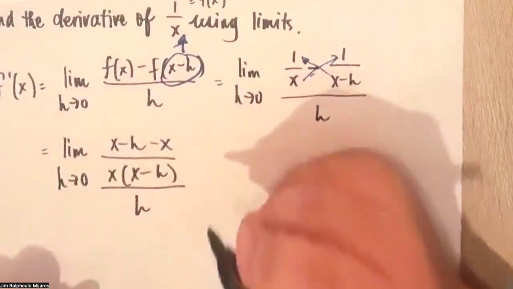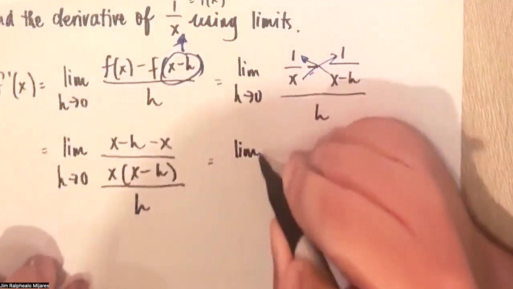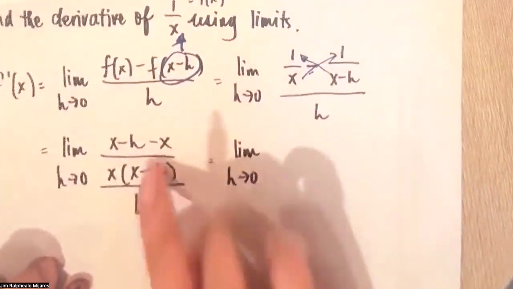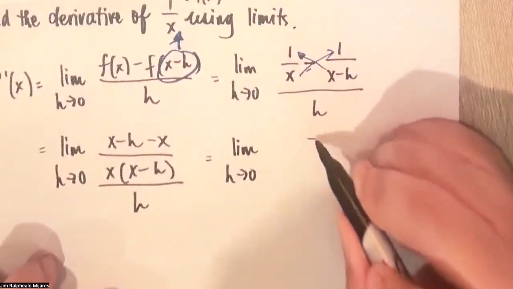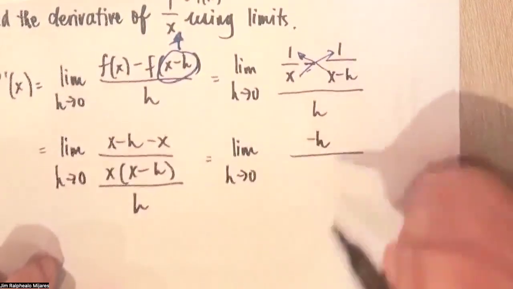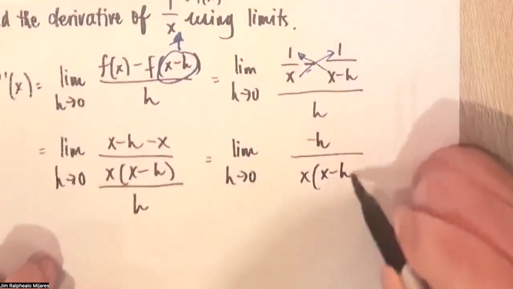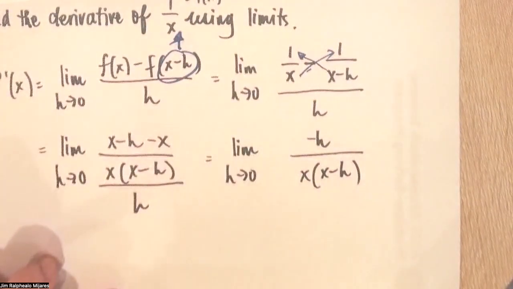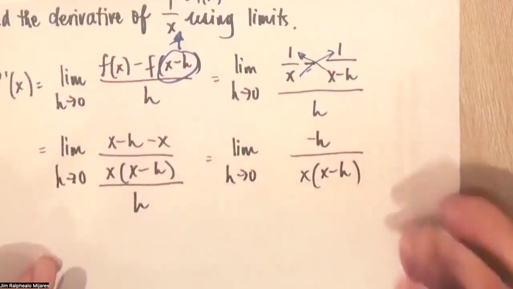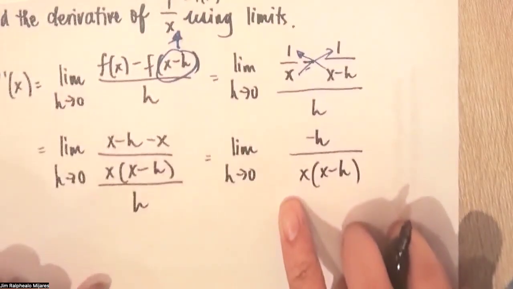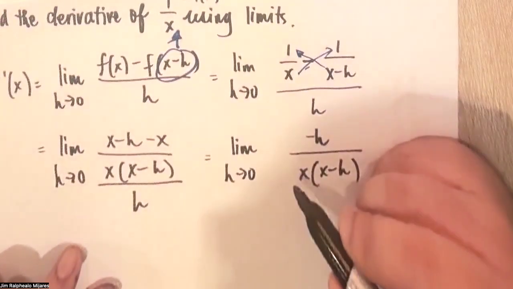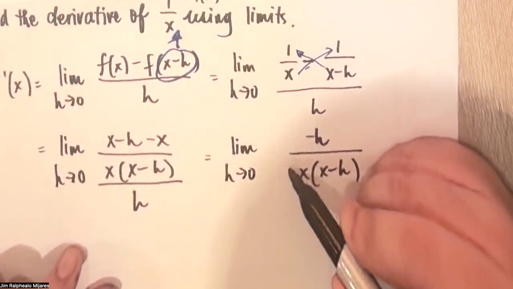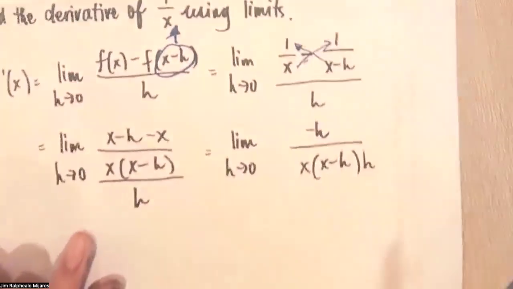After simplification, this becomes the limit as h approaches 0. The numerator is just negative h. Then there's an x times x minus h here. And then of course the over h here just becomes the denominator. It just resides here somewhere.